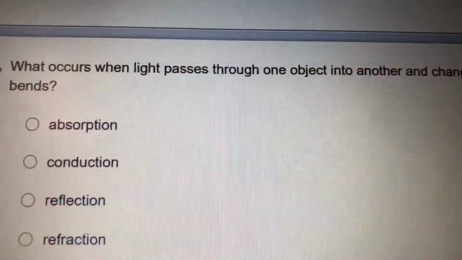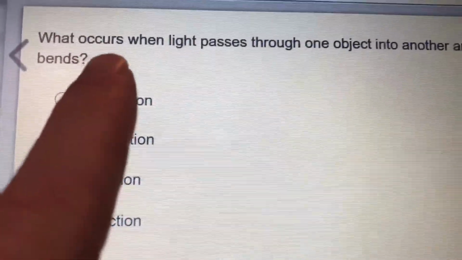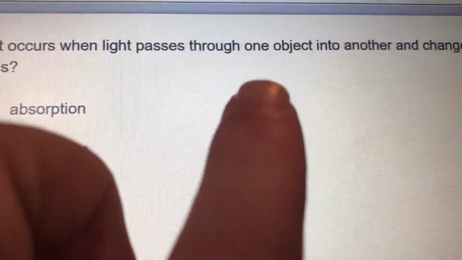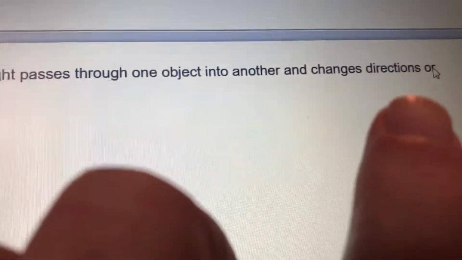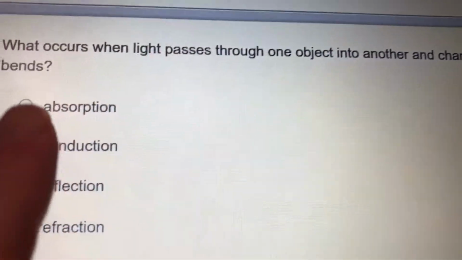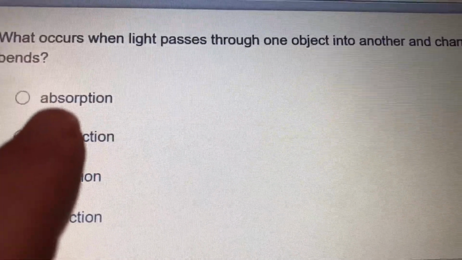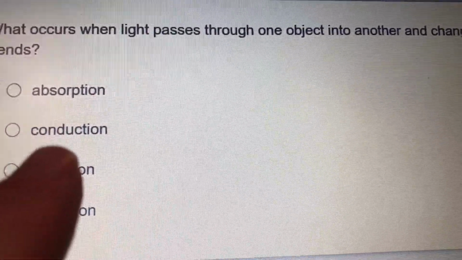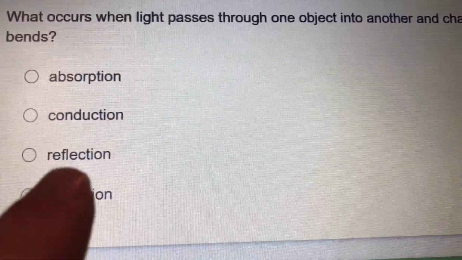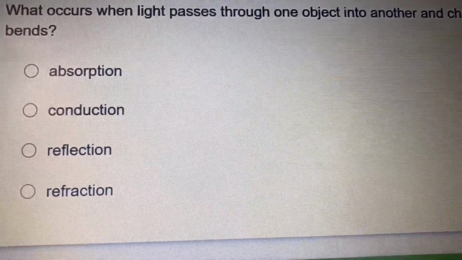This question is a little bit similar to one that we did before. So what occurs, what happens when light passes through one object into another and changes direction or bends? So what is happening, okay? Is light being absorbed? Is light being conducted? Is light being reflected? Or is light being refracted?